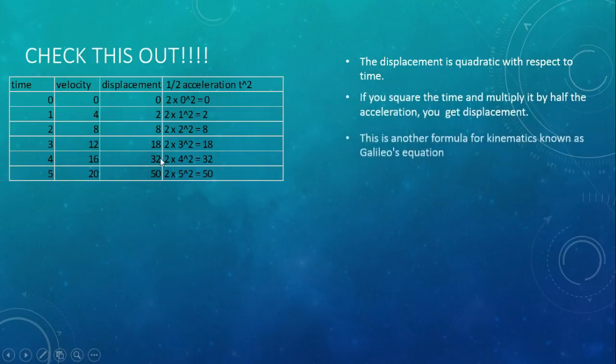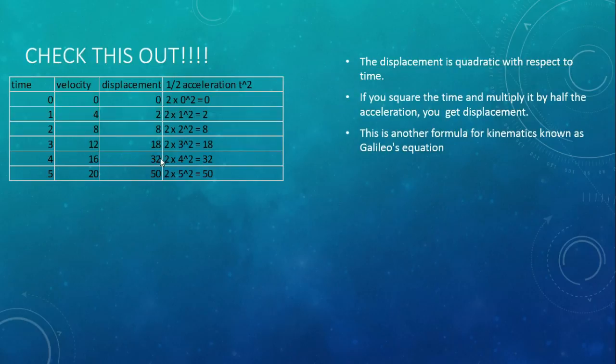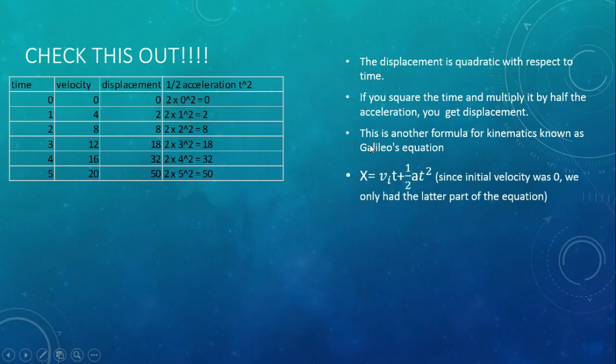So this formula for kinematics is known as Galileo's equation, and this is the whole formula. Displacement is initial velocity times time plus 1/2 a t squared, so acceleration and time squared.